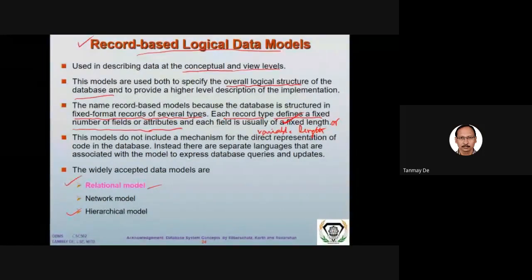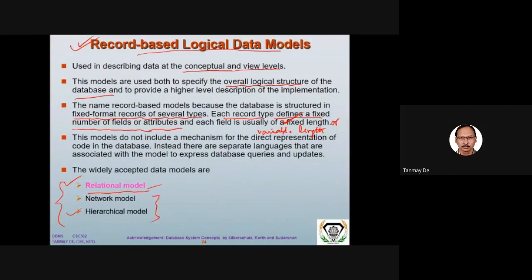The widely accepted record-based data models are these. There are some other data models that also fall under the record-based logical data model. These three are popular, but at present, relational data models are the most popular and most widely used, as well as in the past.